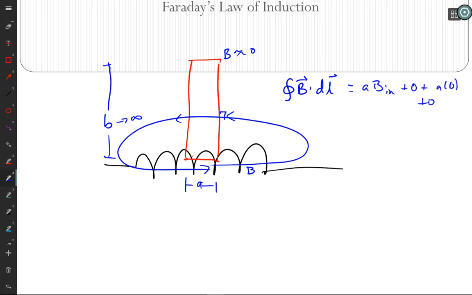So that circulation is a simple result without having to do any calculus again. And then we have to figure out how much current is enclosed here. This is not as easy as the last one, because I have a bunch of loops, and if A is larger, I'm going to have more loops enclosed and hence more current. So the current enclosed is going to be equal to the number of loops enclosed times the current.